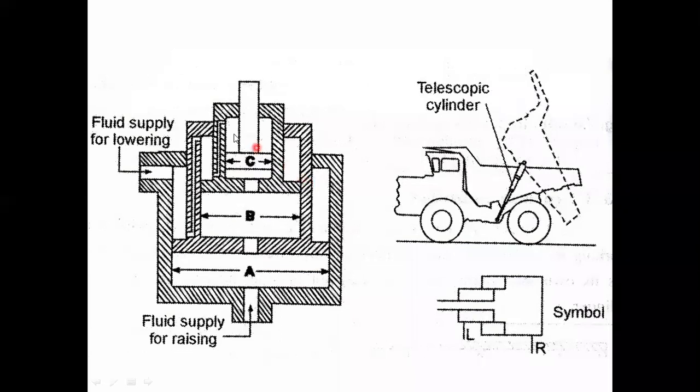At the time of retraction, the hydraulic oil is passed from this portion. You can see a small opening provided in the casing so that the outlet oil is passed from the third cylinder to the second cylinder, then from the second cylinder to the first cylinder, and from the first to the tank.